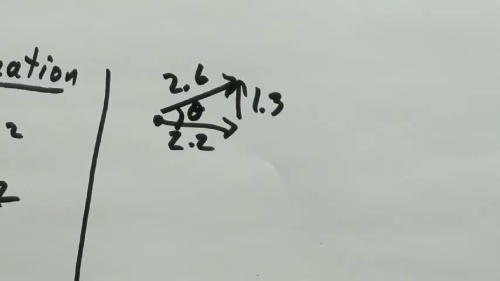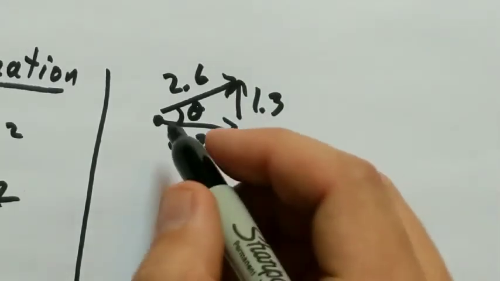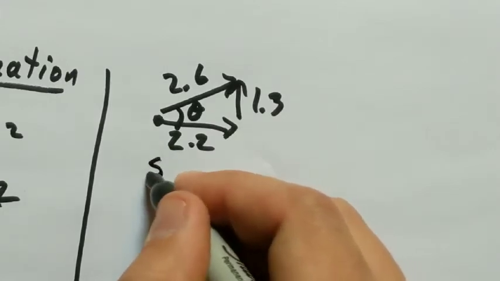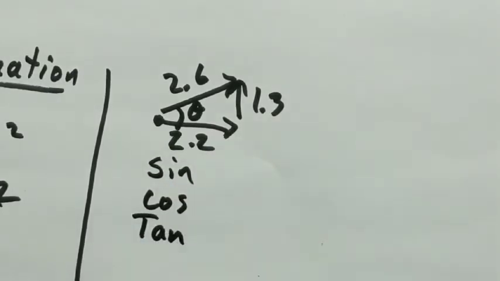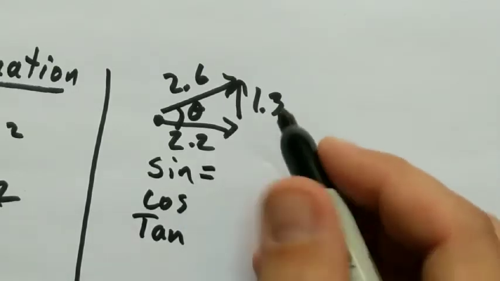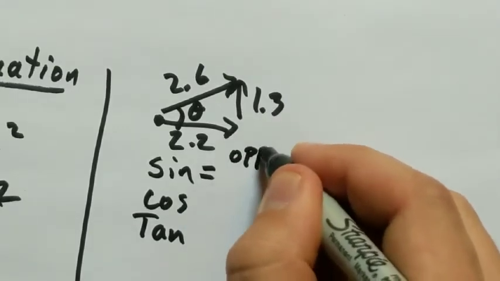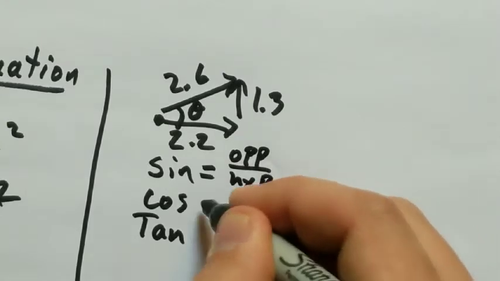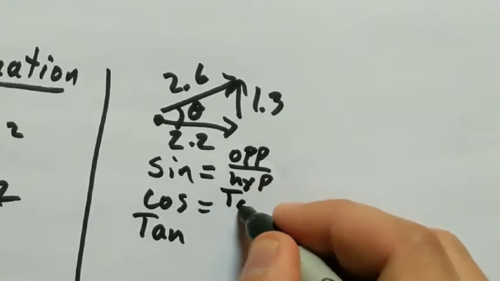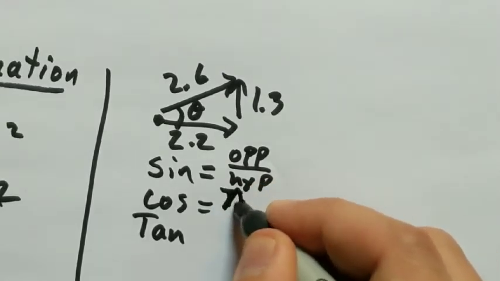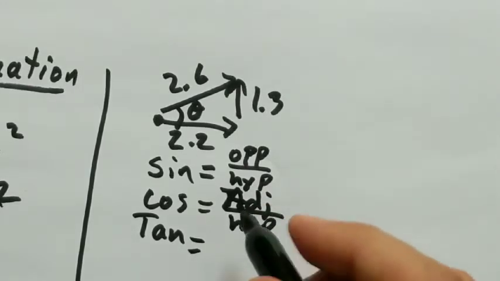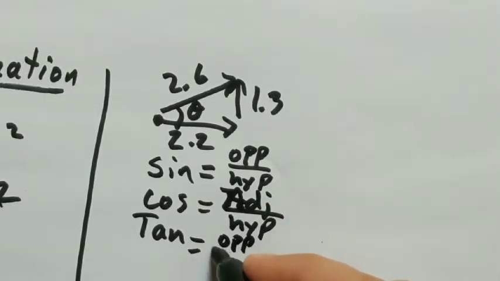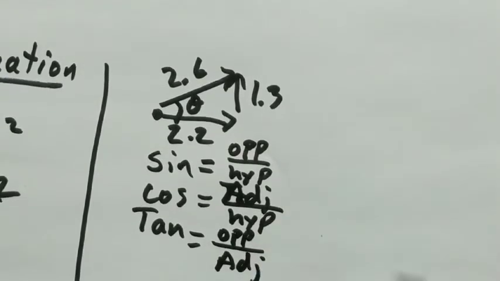To find our angle theta, we need to use one of our three trig functions, sine, cosine, or tangent. And if you don't remember, sine is opposite over hypotenuse. Cosine is adjacent over hypotenuse, and tangent is opposite over adjacent.